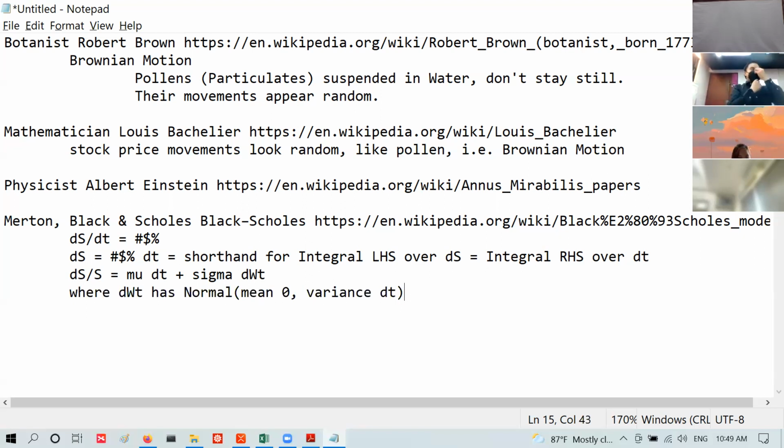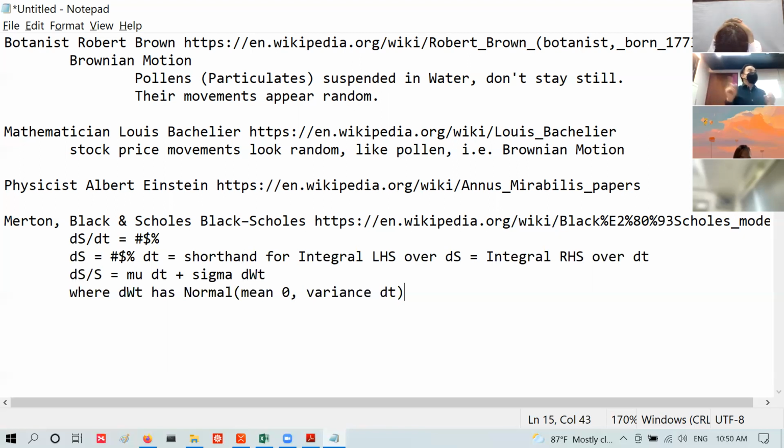Remember, I told you guys about Brownian motion. Brownian motion means if you close your eyes for 1 second, that's your t. You get this amount of variance. If you close your eyes for 2 seconds, you get twice the variance. All I'm saying is that the variance of the randomness is proportional to t, right?